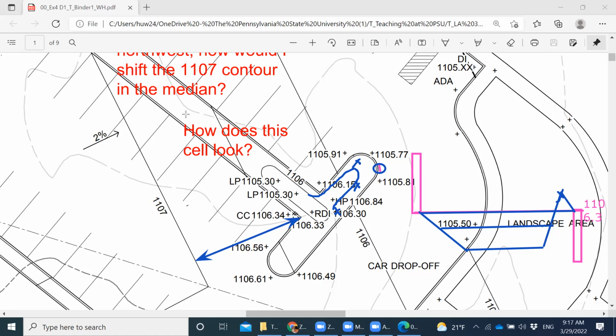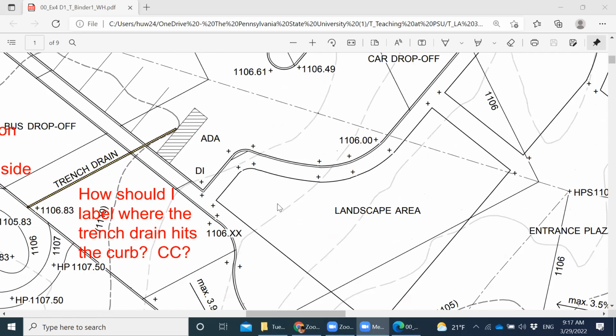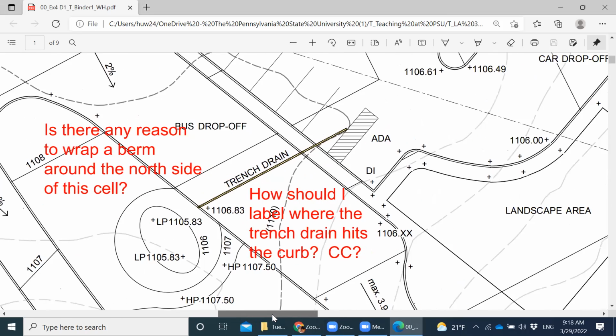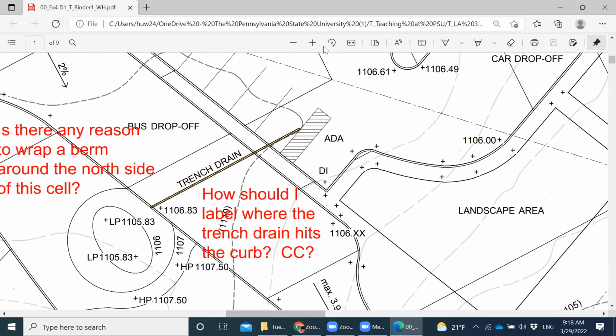Okay. We'll move forward to the next one. So we have a curb cut, we have a trench drain. Your trench can actually stop here.